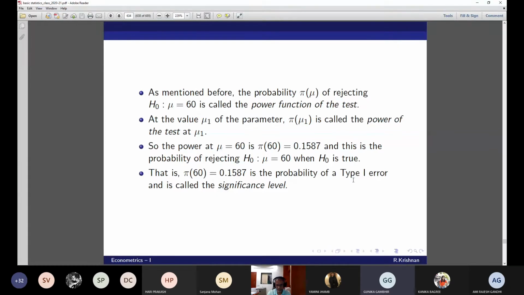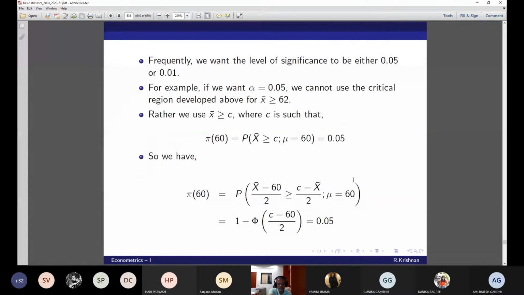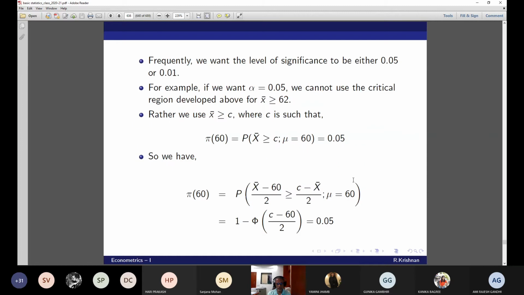That is 0.1587, which is much higher than the normal significance level that we fix. Frequently, we find the level of significance to be only 0.05 and 0.01. Am I right? Yes, sir. Now this significance level is pretty high, so we want to reduce this. This is how you reduce it.